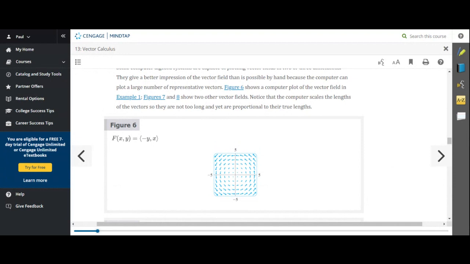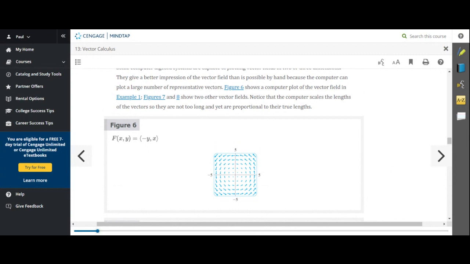Given a formula for a vector field, you can picture what the vector field looks like. That's like in figure 6, the negative y, x vector field. In every quadrant of the xy plane, x and y are either positive or negative, and based on that, this is what that field would look like.